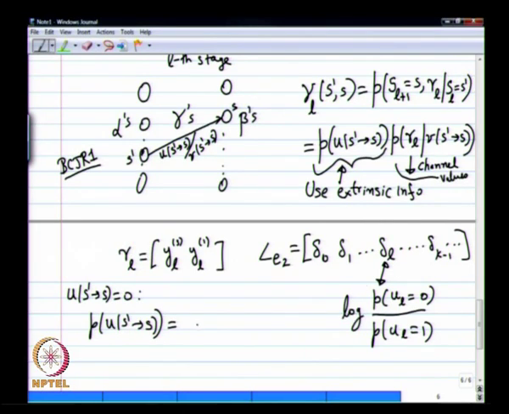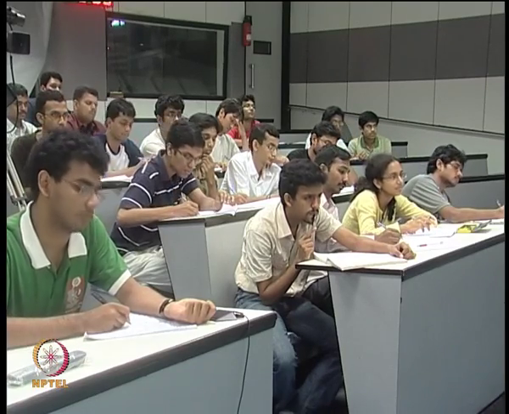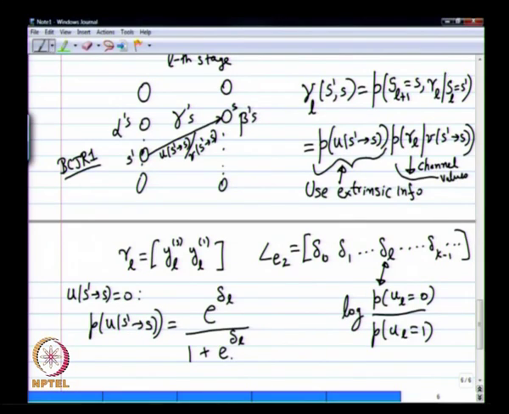It will be e power delta L divided by 1 plus e power delta L. You can show this quite easily. P of UL equal to 0 is e power delta L times P of UL equal to 1, and if you add those two up it should be equal to 1. So you put that in and you get this.